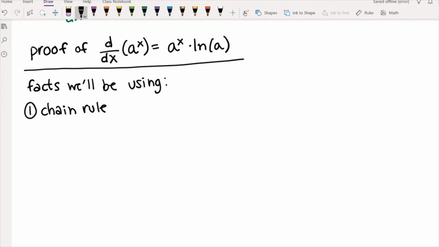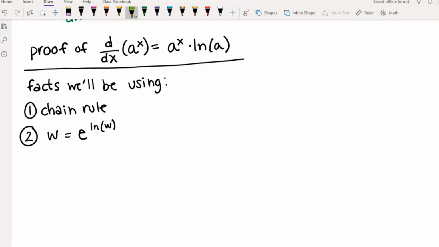And then there's a couple of other facts I just want to quickly mention that you may forget from pre-calculus. One of them is that if you have any number, let's just say w, then w is equal to e to the ln of w. So why is that?